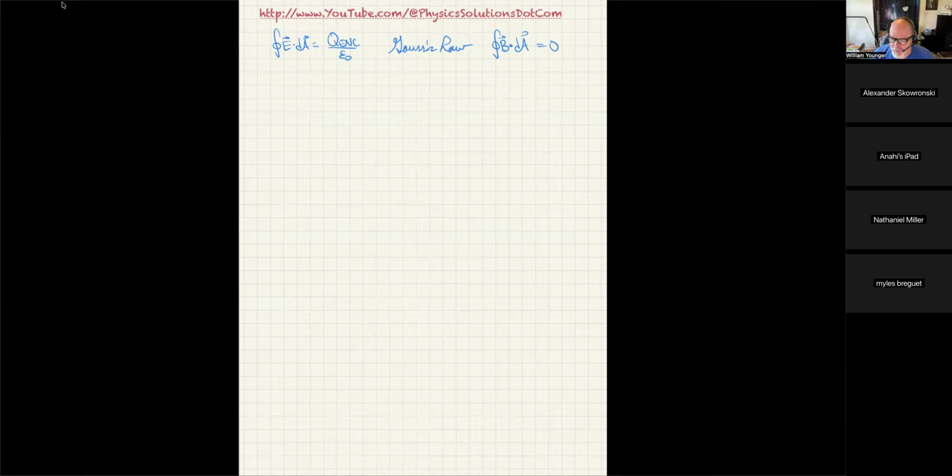So that's two of Maxwell's equations. There's also Ampere's law and Faraday's law. For Faraday's law, we normally write it as the closed integral of E dot dl, notice I said E dot dl, is equal to negative N d phi B over dt. That's called Faraday's law.